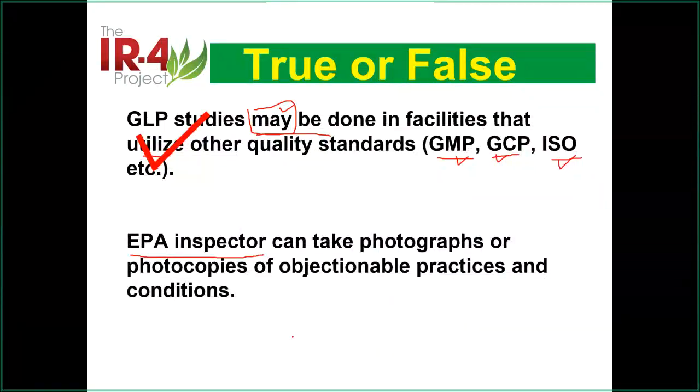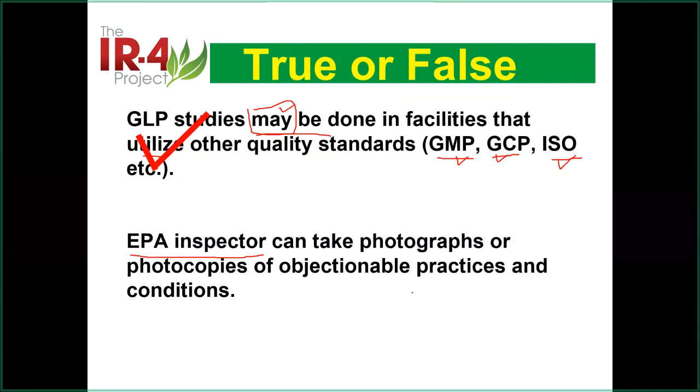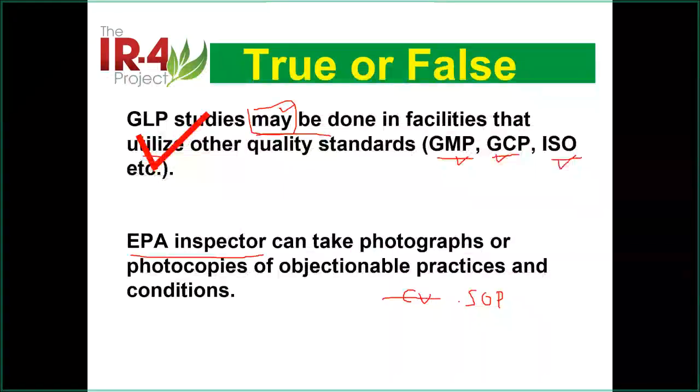Even if they ask for something, they will ask permission. For example, they come to the lab or a field to do an inspection. I want to see your CV. I want to see your SOP. They can ask, but they don't take these away unless they get approval from the lab, because this could be the property of the lab.